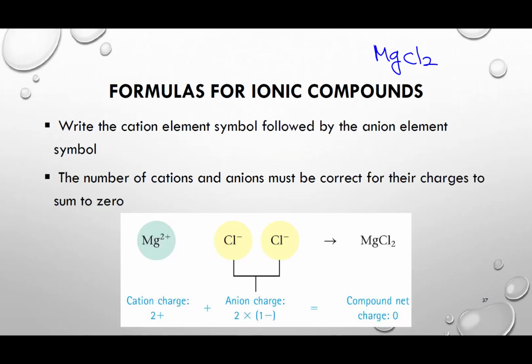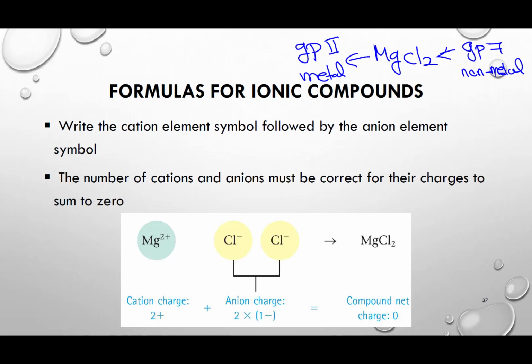But let's go back and talk about ionic compounds for now. As you saw on the periodic table, magnesium is a group 2 metal. Chlorine is in group 7 and it's a non-metal. Once you know you have a metal and a non-metal, that compound is for sure an ionic compound.